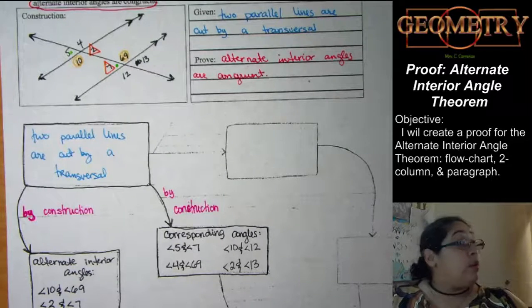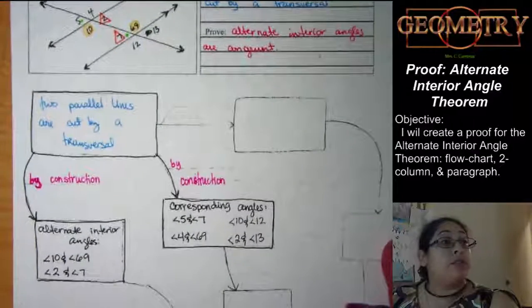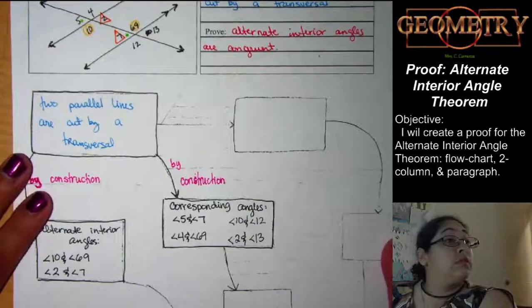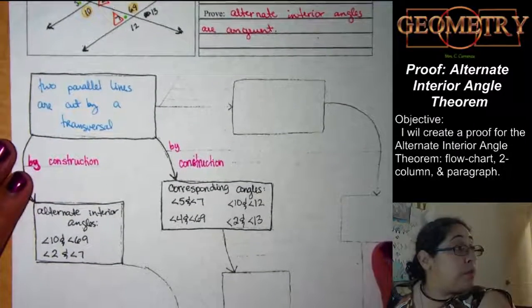We wanted the corresponding angles because we could use the postulate to say what? What did the corresponding angles postulate say?